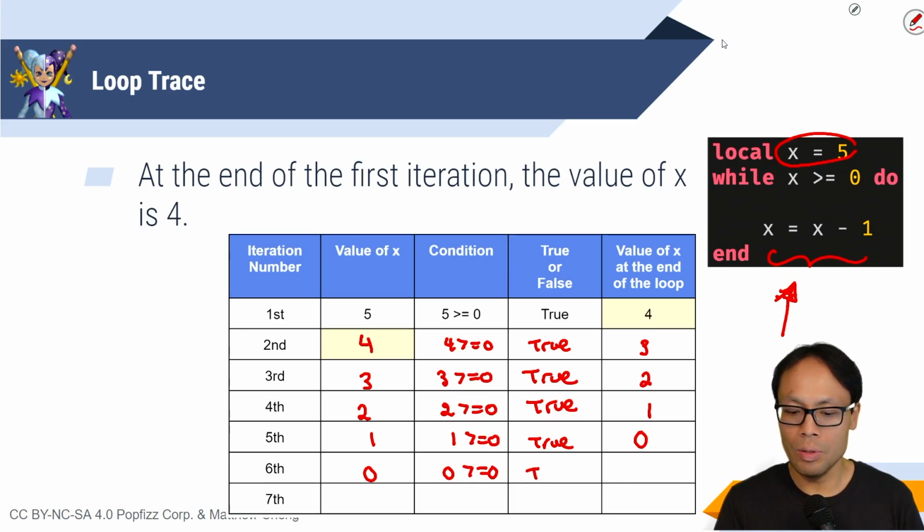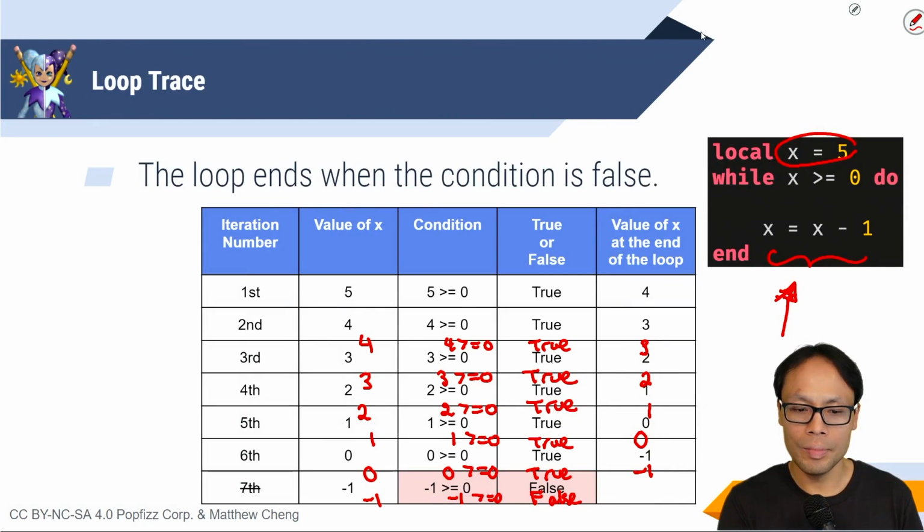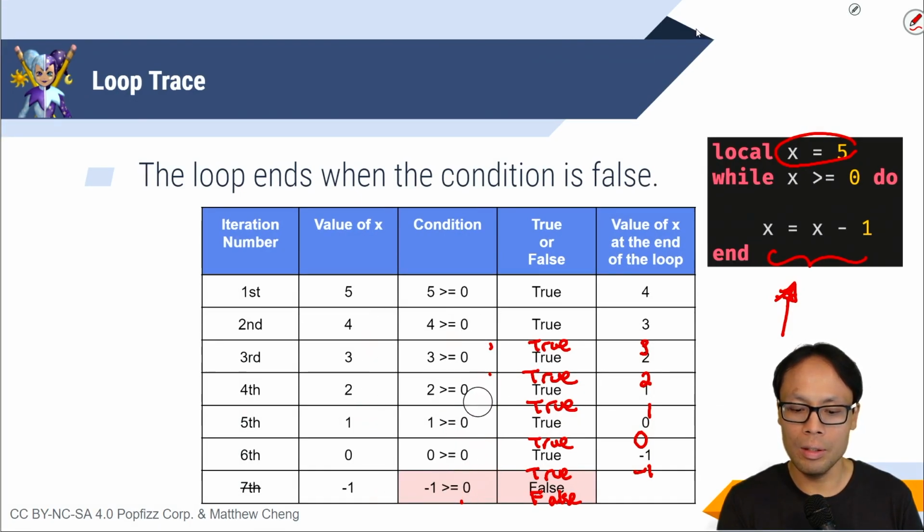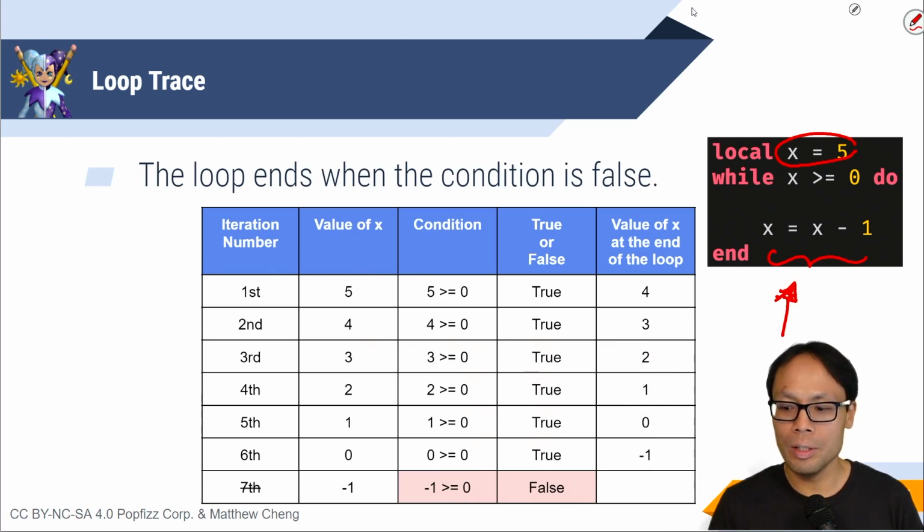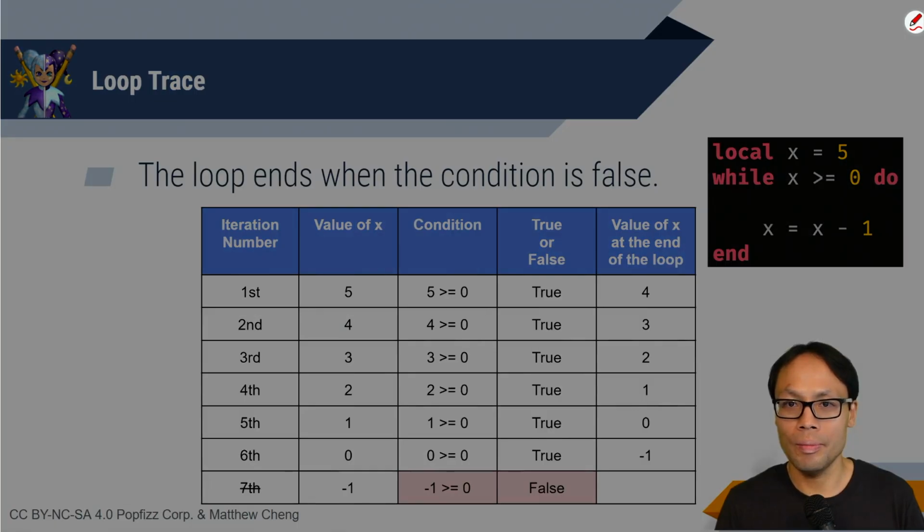And that is also true. And now we've got 0 minus 1, which is negative 1. Okay, so now we have our condition negative 1 greater than or equal to 0. And finally, our loop is going to stop because that value is false. All right, so that is finally where our loop ends, when the value of x becomes negative 1.